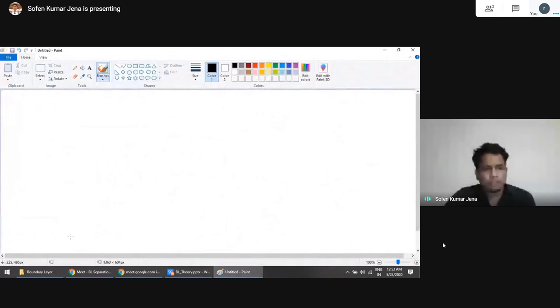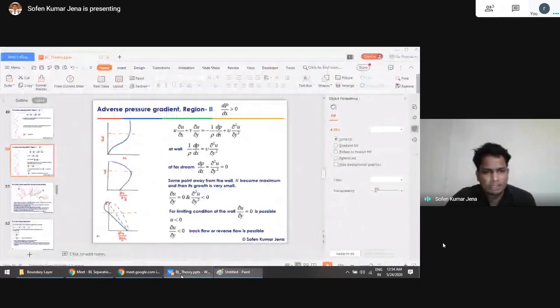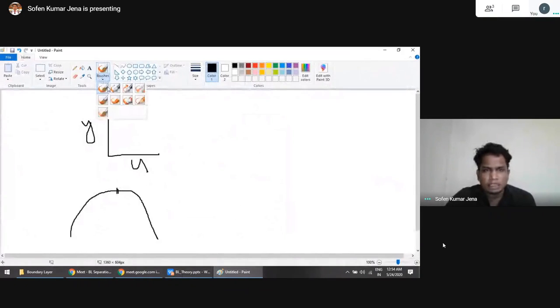Suppose this is my body over here. This is my maximum point, where the body shape is changing. If at that point I plot velocity, u versus y, what are we expecting?